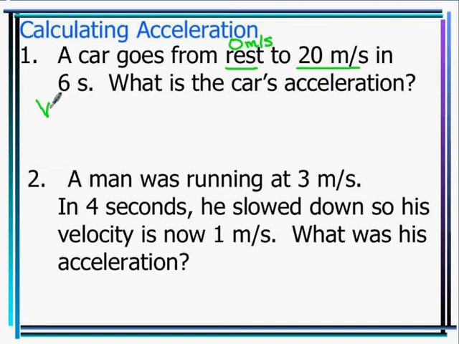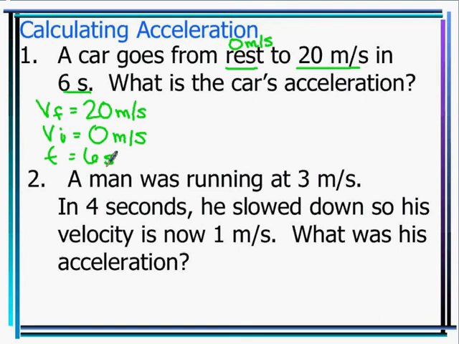My velocity final, what I end up going, is 20 meters per second. My velocity initial, what I started going, was 0 meters per second. And it says in 6 seconds. So my time is 6 seconds. And it says, what is the car's acceleration? Notice before I even deal with the triangle, I'm writing down all of my variables off to the side.